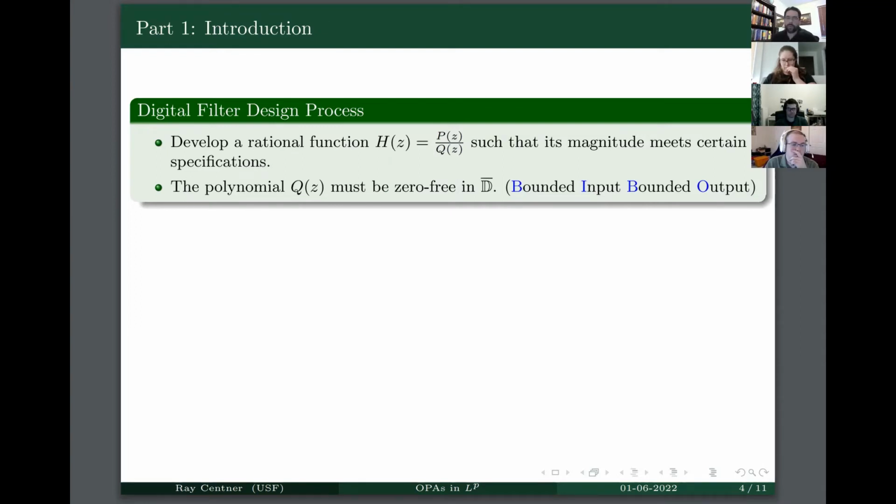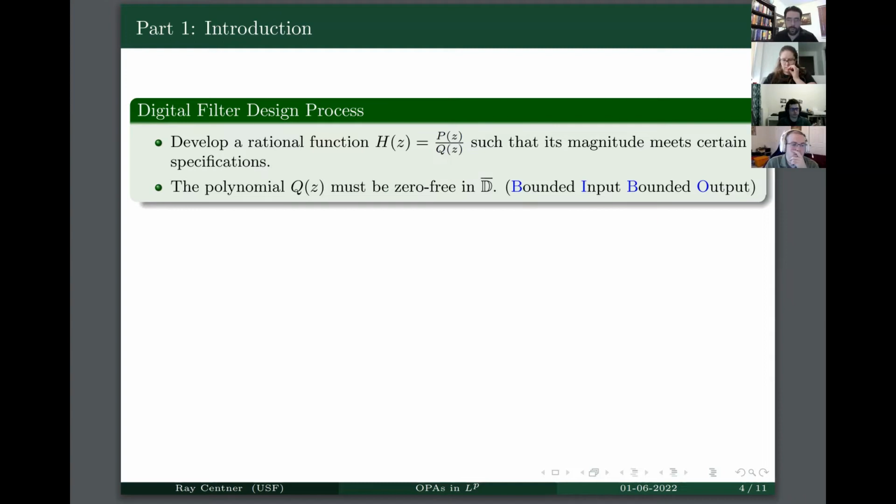The engineer's goal would be to design this rational function in such a way that the magnitude meets some given specifications. But in this theoretical context, there's difficulty in practice, because when you go backwards and use the inverse Z-transform, it's plausible that when your system is being subjected to bounded input, your output could possibly blow up.